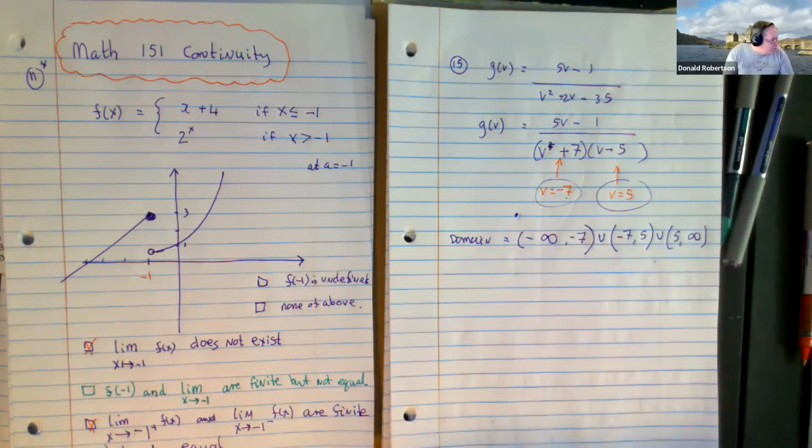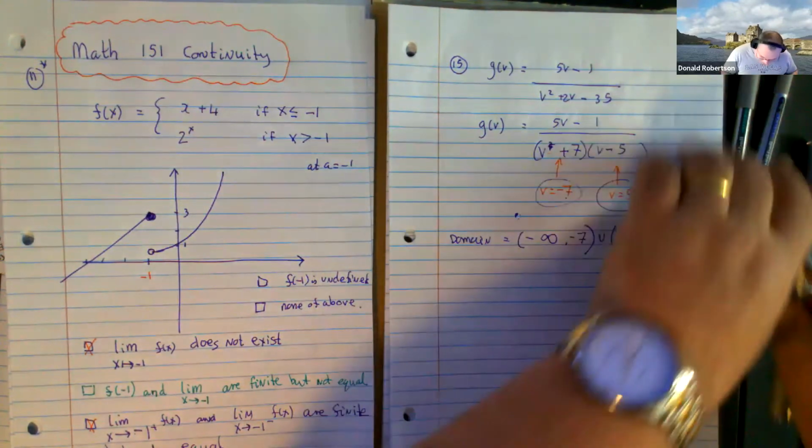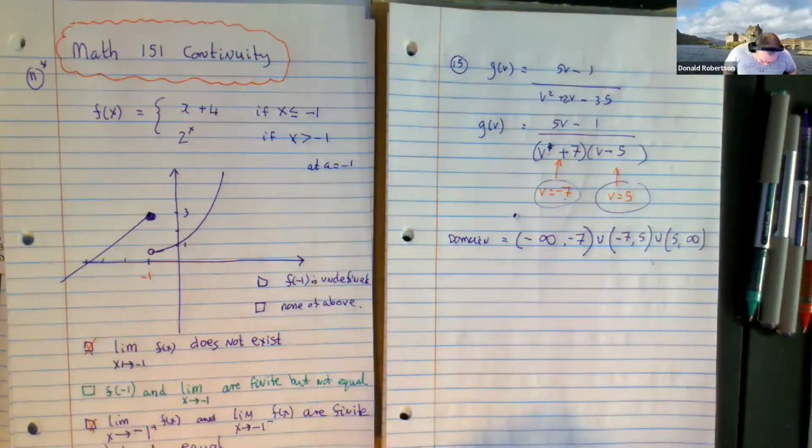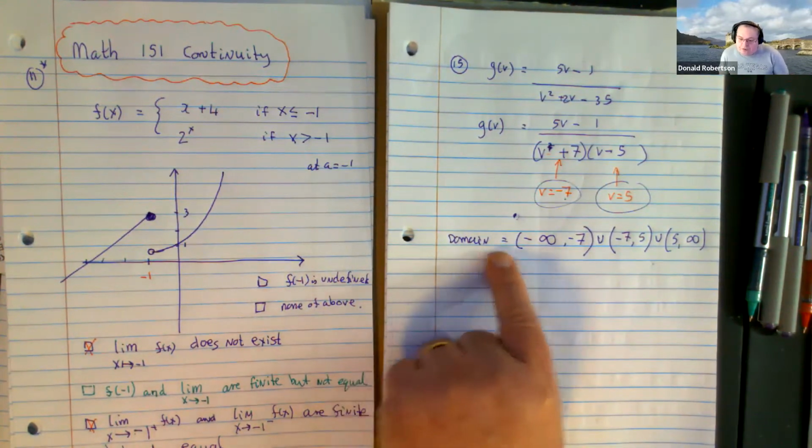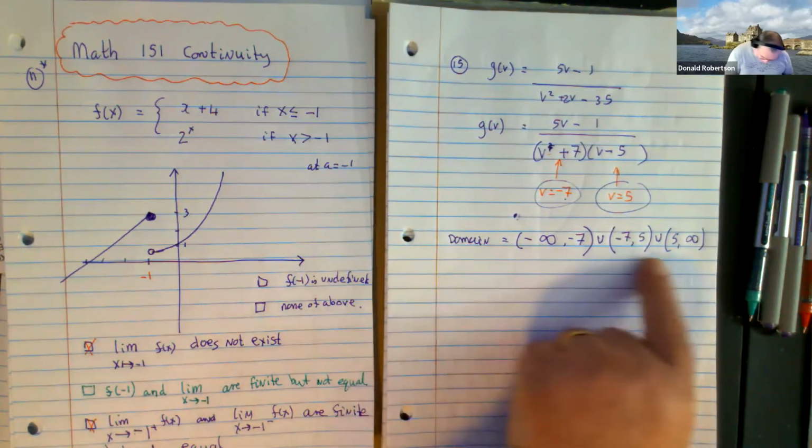So if you get one of those questions that asks what's the domain of a function, or when is a function continuous, the domain of the function is going to be the same values as when it's continuous.